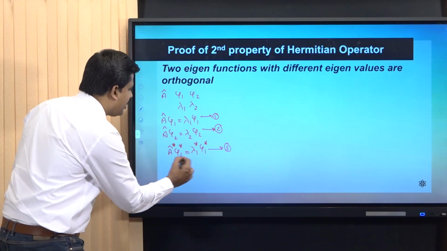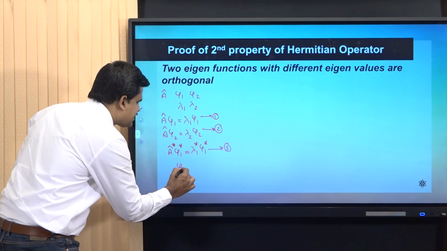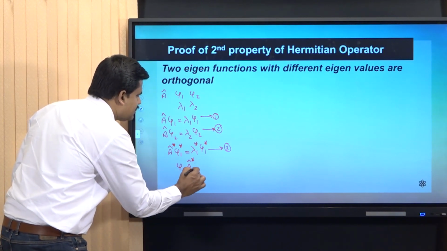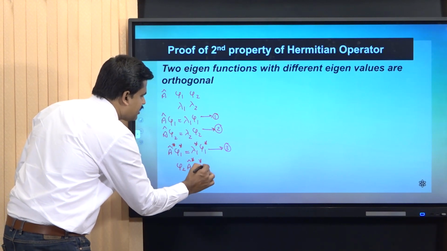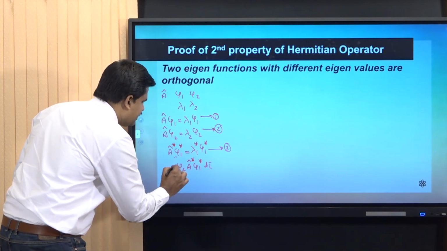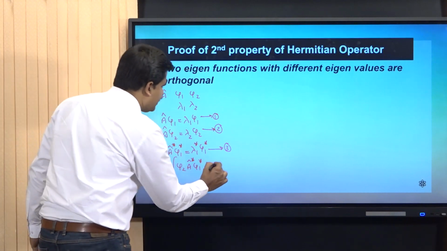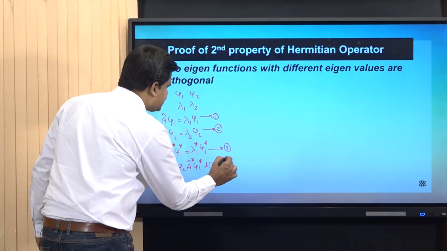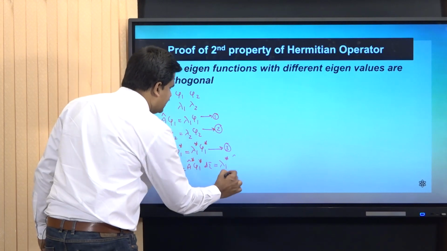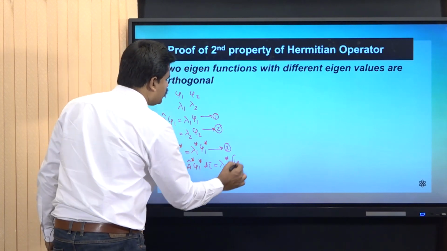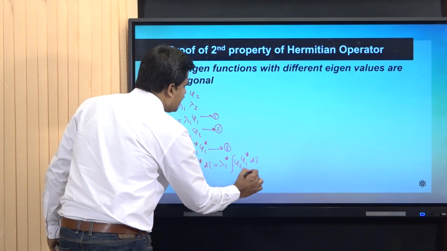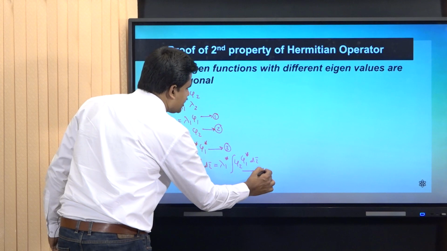Thus, on left multiplication, the integral of psi 2 A hat star psi 1 star d tau over space equals lambda 1 star times the integral of psi 2 psi 1 star d tau. I mark it as equation number 4.